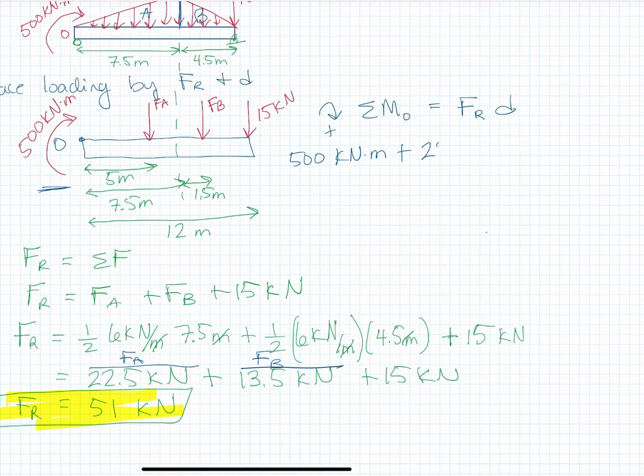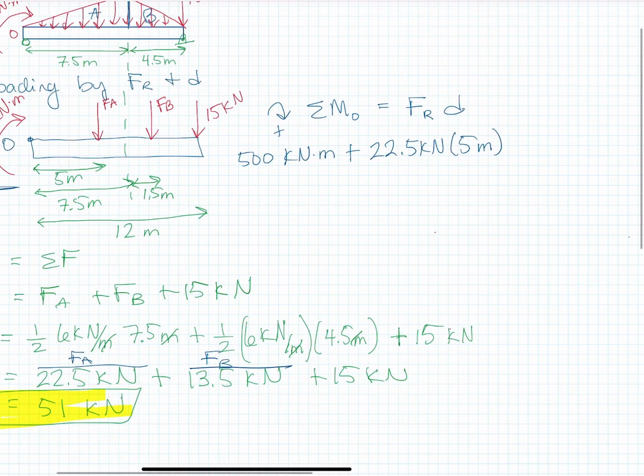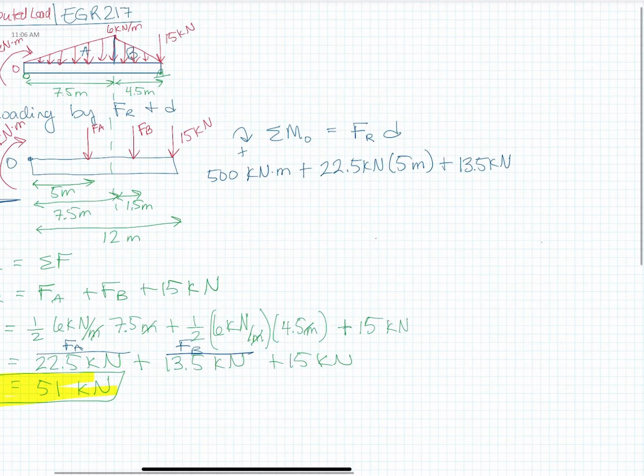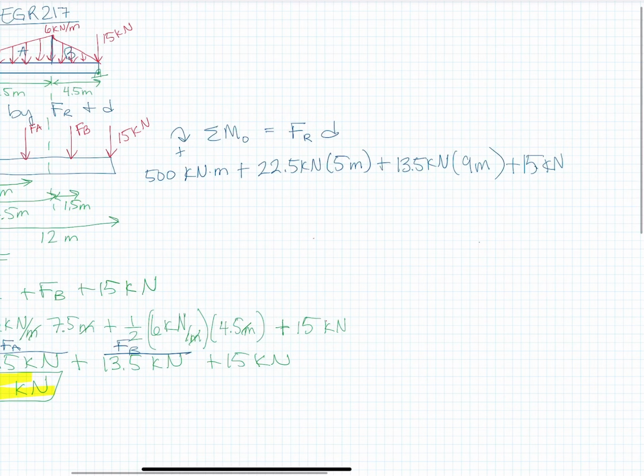So 22.5 kilonewtons times that distance, that 5 meters, and then plus FB, that's 13.5 times that 7.5 plus 1.5, so that distance would be 9 meters. And then plus, because these are all into the board, 15 kilonewtons times that full length, which would be 12 meters.